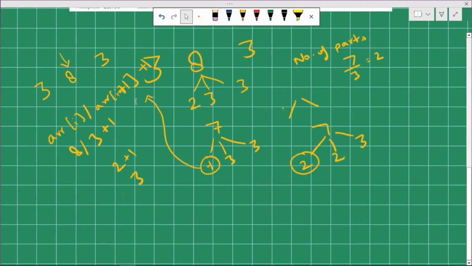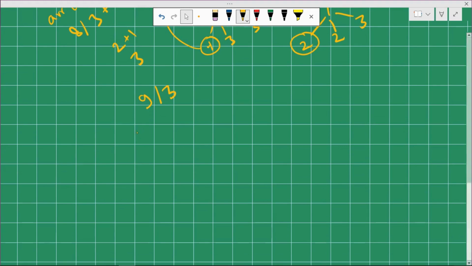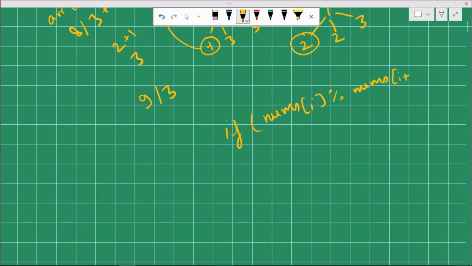But if it is a perfectly divisible number, suppose it was 9, then we only need to do 9 by 3. So using this way, we will check a condition: if nums at I is perfectly divisible by nums at I plus 1, and how can we check it?